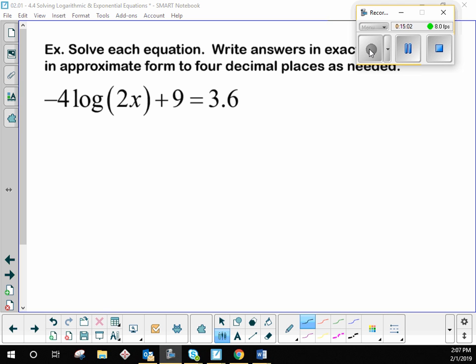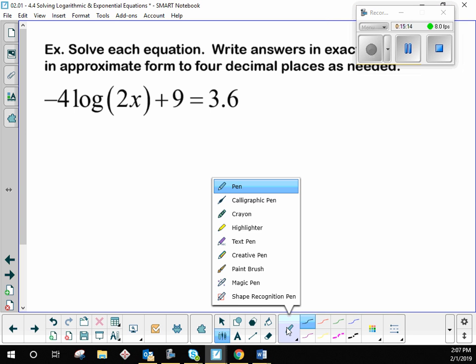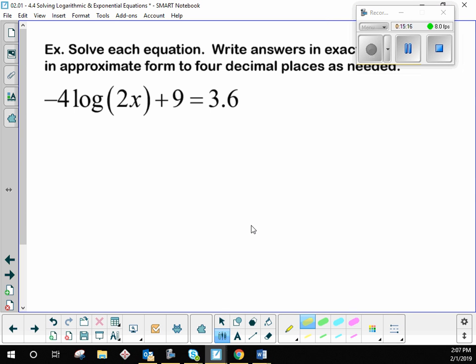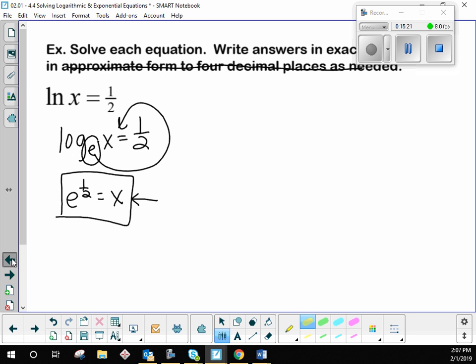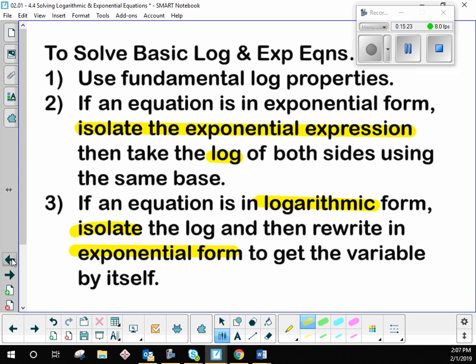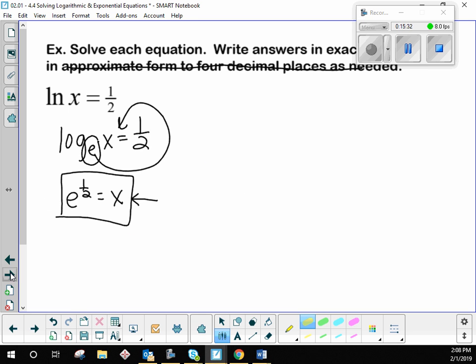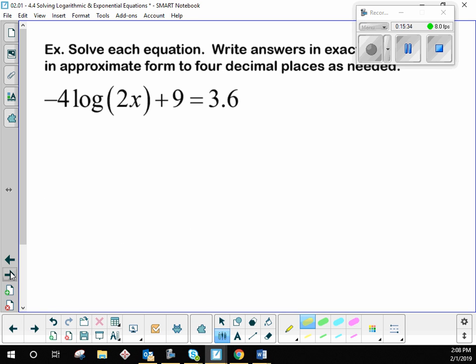All right, so a couple things I want to say here. There was some confusion about when can you handle that 2 times the x and what is the log doing. One thing I want to point out to you is in the wordy steps at the beginning of the lesson, right here, isolate the exponential expression or isolate the log. It means that entire piece of thing, like log of 2x is the entire thing that you're trying to isolate.